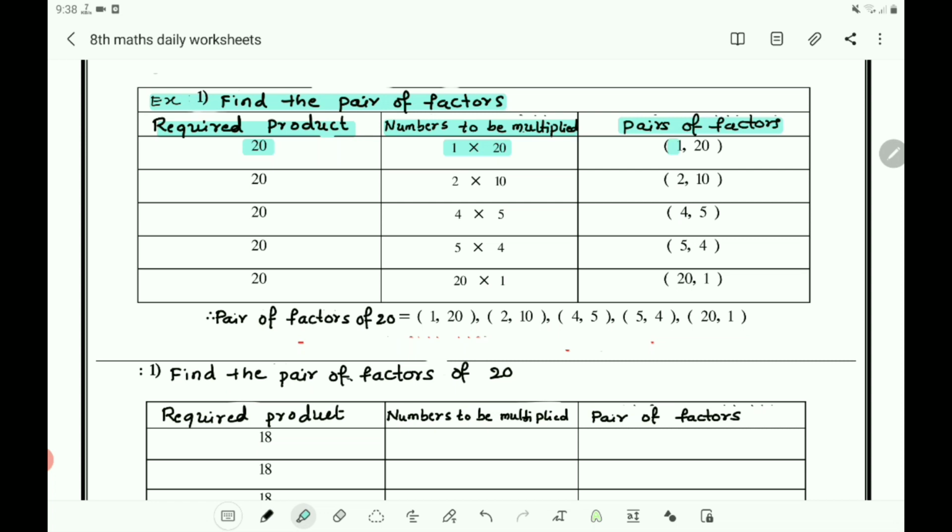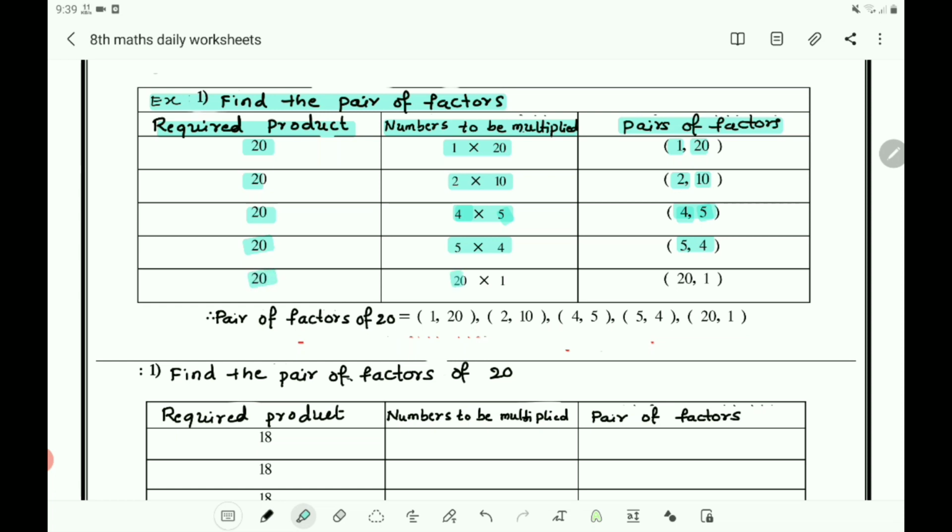So the pair of factors is 1 and 20. Again 2 into 10. 2 and 10 are the factors of 20. 4 and 5, 4 into 5 is 20. The pair of factors is 4 and 5. Again 20 you can get by multiplying 5 and 4. So in this way 4 and 5, 5 and 4 also you can take.